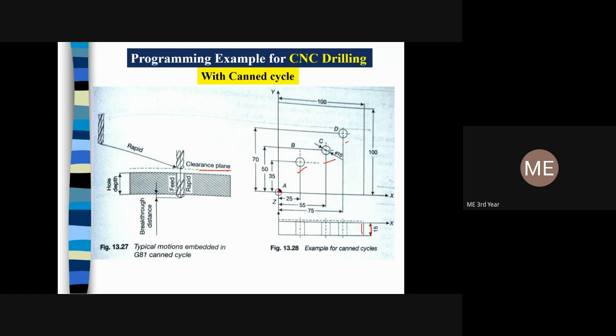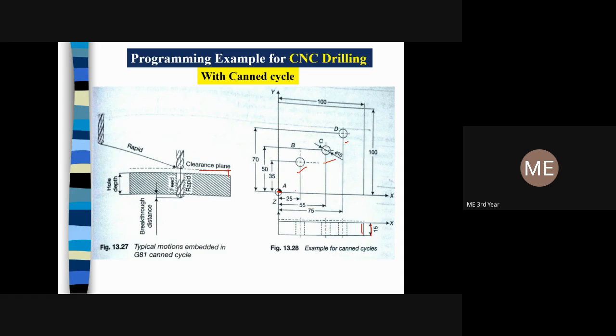The reference plane is 2 millimeters away, so this is the 2 millimeter clearance plane. I want to make sure the tool does not make physical contact with the workpiece, otherwise the tool and workpiece may get damaged. That's why I give the clearance plane, which is 2 millimeters above the top surface of the workpiece.